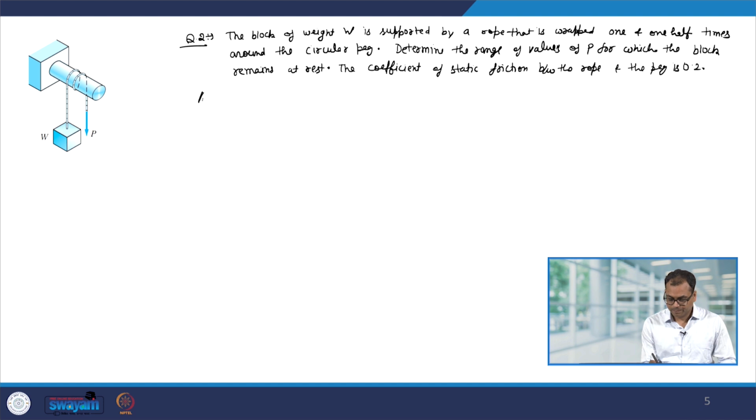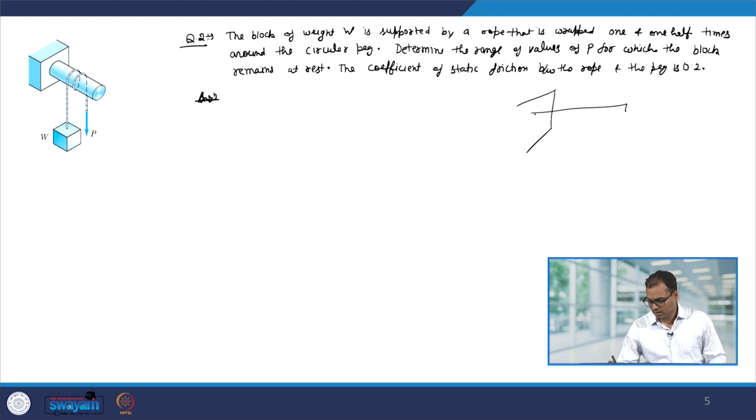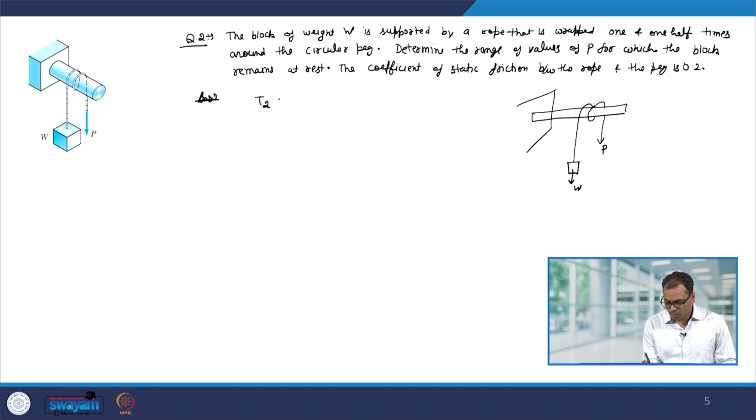So, again we have this peg and we have the weight W, and we have the force P. So, let me write down T2 equals T1 e to the power mu beta.